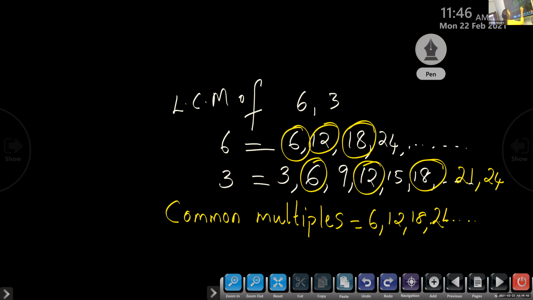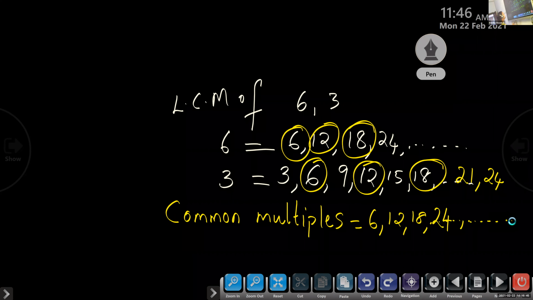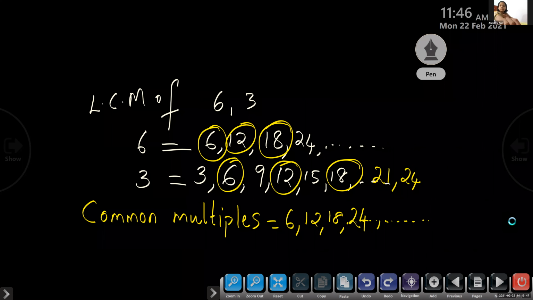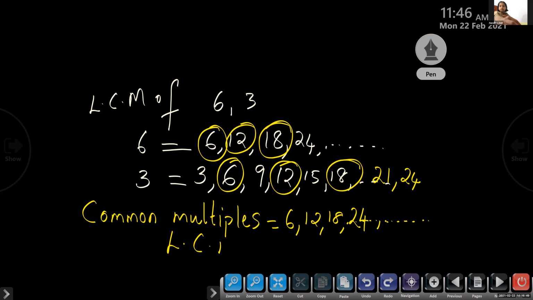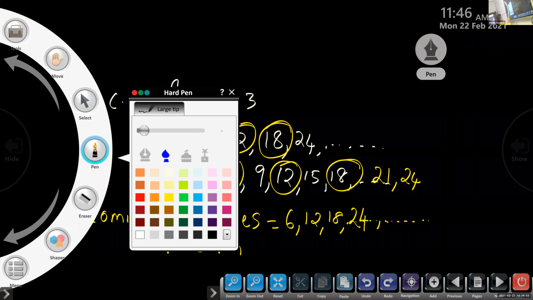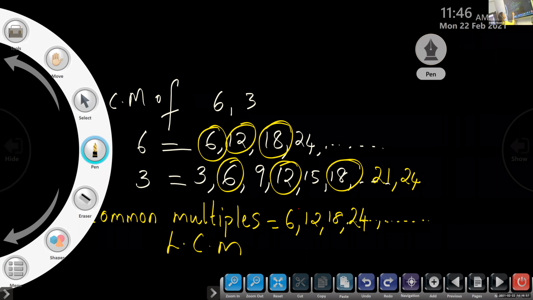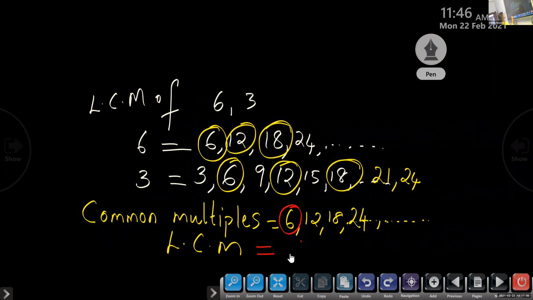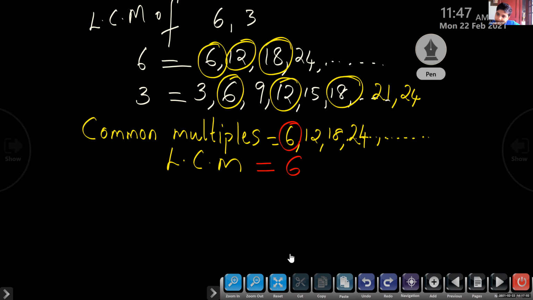So children, it is not ending. LCM, least common multiple: from these common multiples, you have to find the smallest number. 6 is the smallest number.